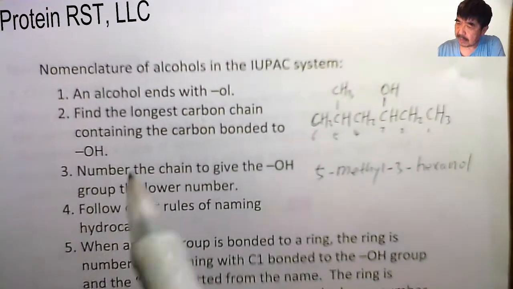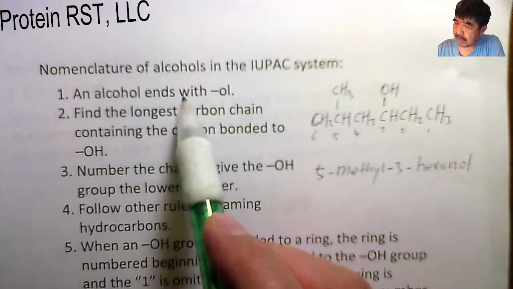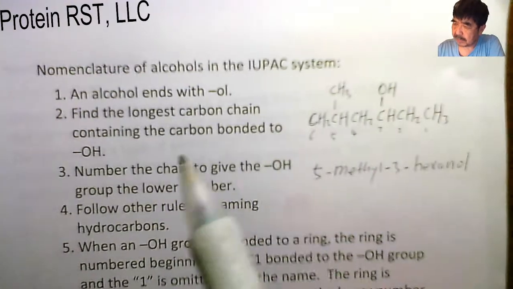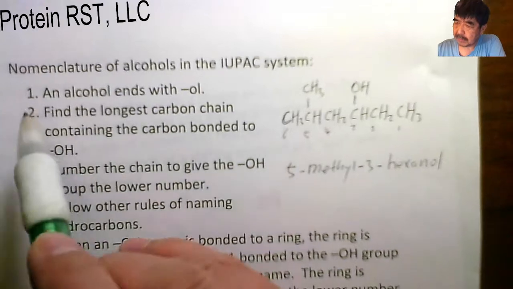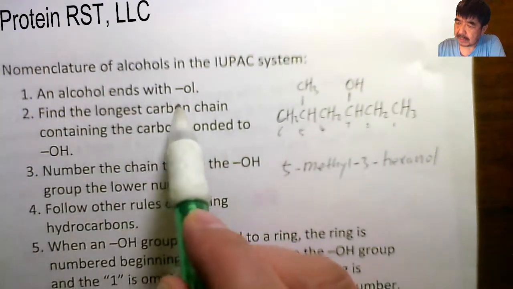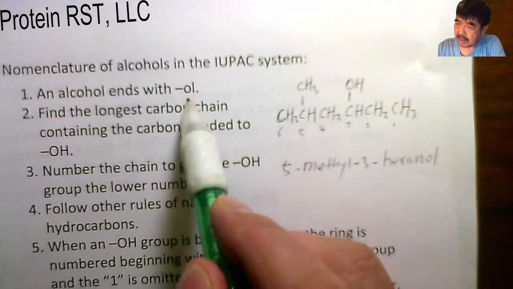Next, let's take a look at how to name alcohols in the IUPAC system. These are the steps. First, the alcohol name ends with -ol.